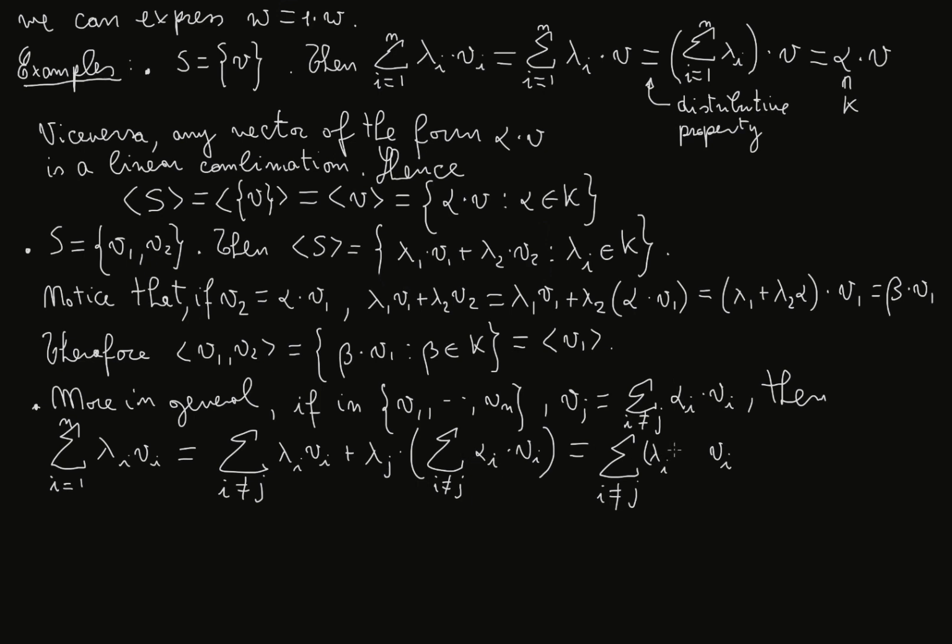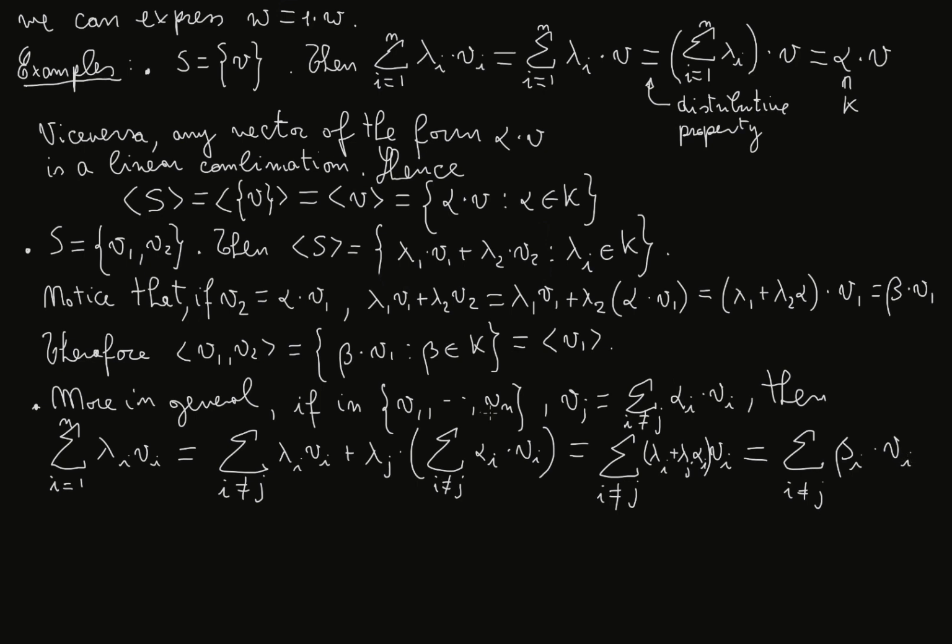So plus lambda j times alpha i. Okay. So, well, but this is just a linear combination with some coefficients in K of vi's. So we can rewrite all of this as the sum over i different from j of beta i times vi.